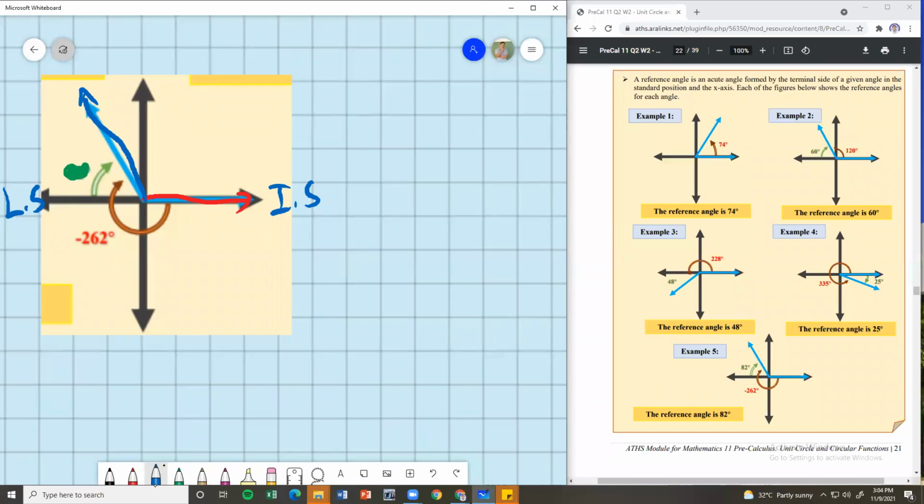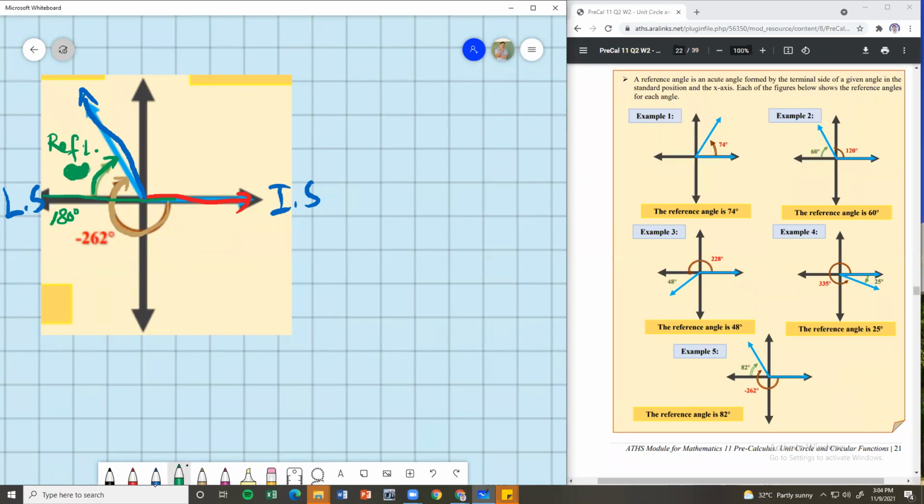Okay, that's correct. On the left side. And so, the measurement of this angle is 262 degrees. And the excess here to 180 is your reference angle. So therefore, kung ang kalahati ay 180, what will you do to get that remaining for your reference angle?